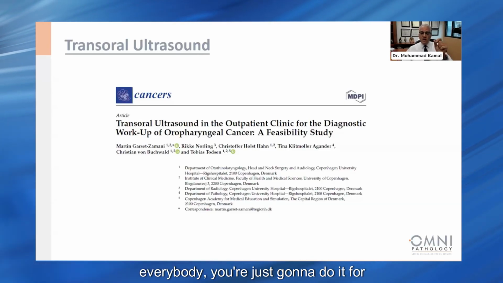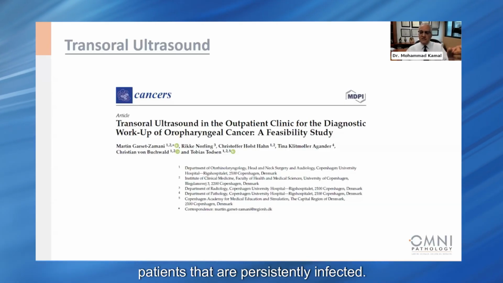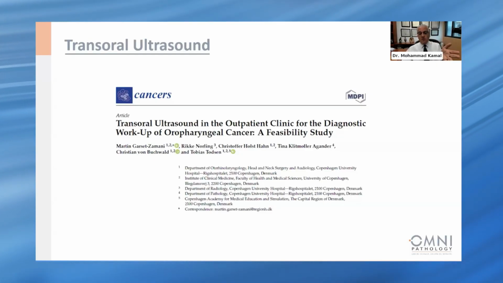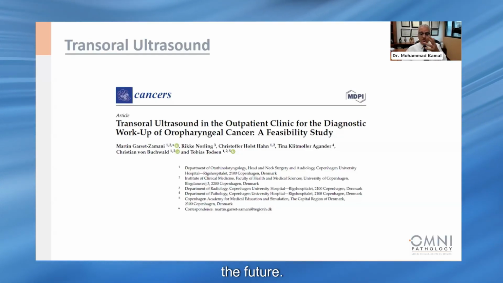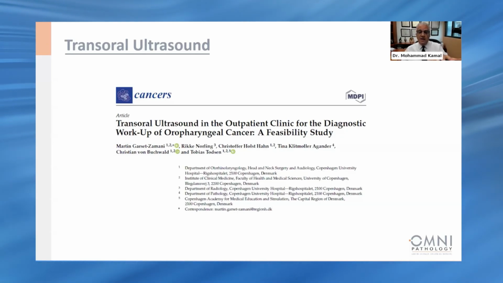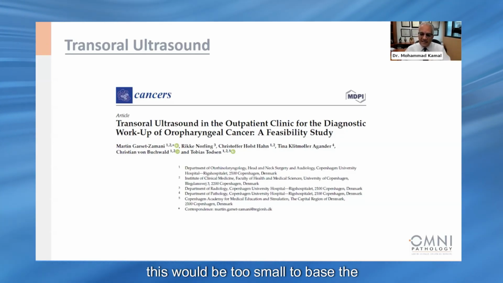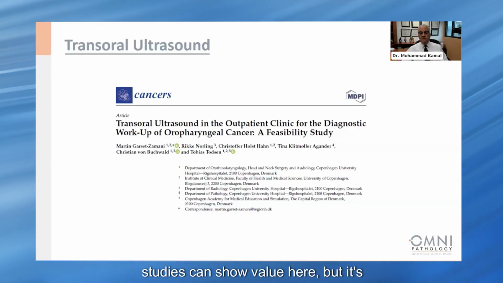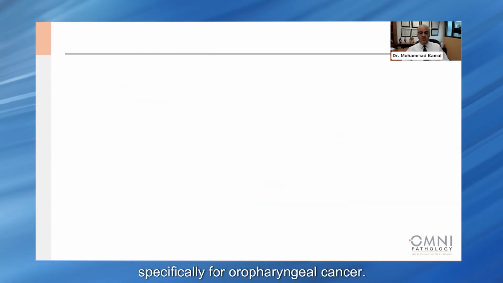You're just going to do it for the patients that are persistently infected or the higher risk patients. And that could be something to be studied in the future. I'm sure that this would be too small to base the approach on, but maybe future studies can show value here, but it's specifically for oropharyngeal cancer.